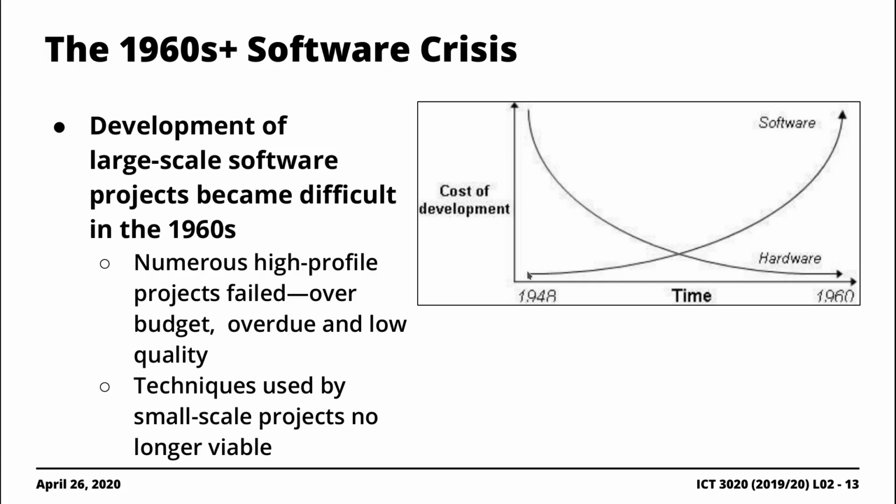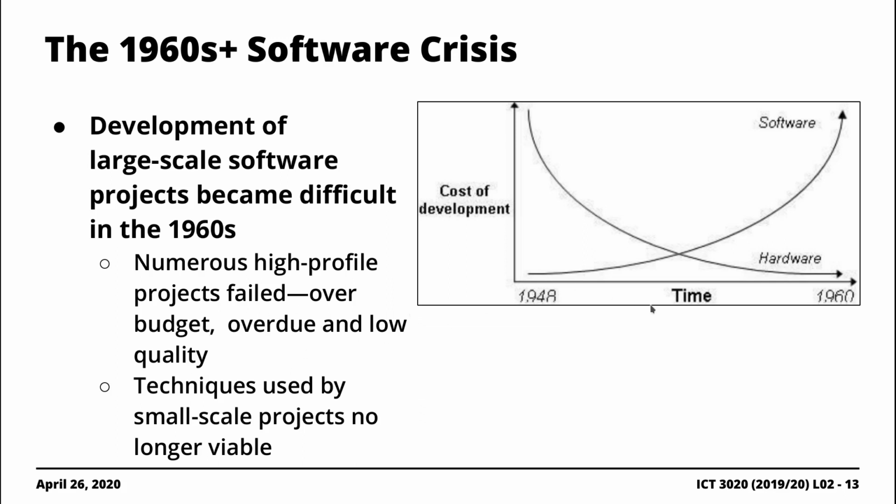But the surprising thing is that the opposite was happening insofar as software engineering was concerned. In fact, during that period and a few years after, a number of high-profile large software projects ended up failing. They were overdue, they went over budget as well, and were, for the most part, of low quality, right?